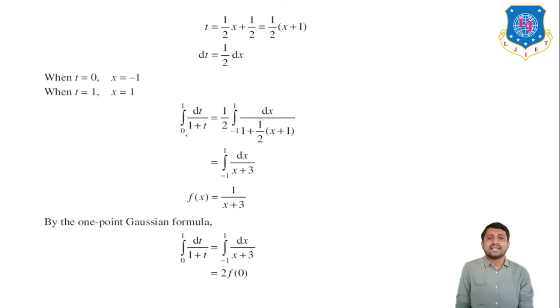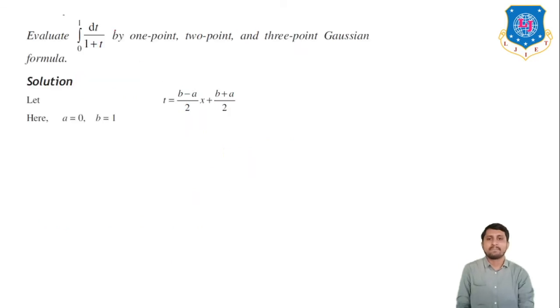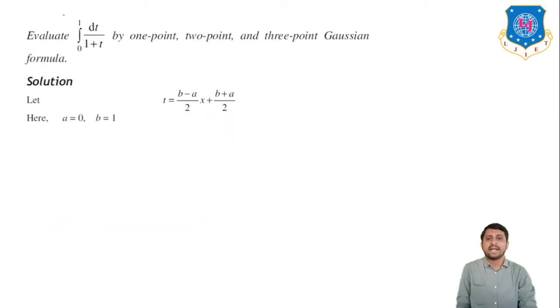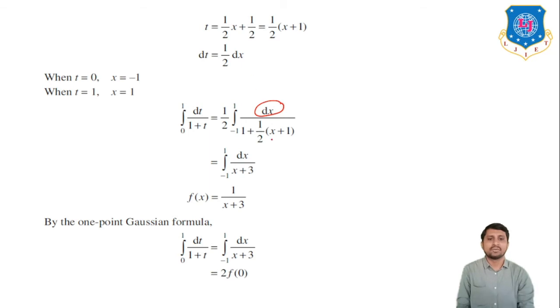Now the integration from 0 to 1 dt by 1 plus t, convert your integration. Instead of dt I put dx by 2, so this is my dx, and the 1 by 2 I take outside the integration, and instead of t I have to take (x plus 1) by 2. So here I put the value (x plus 1) by 2.